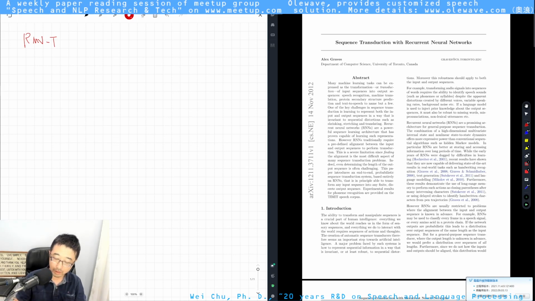Why are we revisiting this paper which was published 10 years ago? One reason is that I read a lot of tutorials people wrote on RNN-T, but according to what I've seen, there is a lot of missing information, and some of it is not accurate in terms of the description.